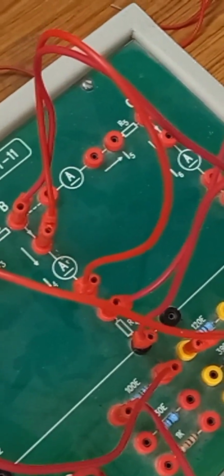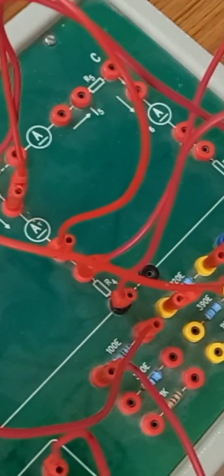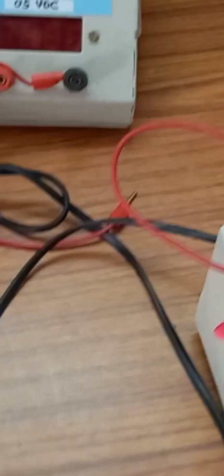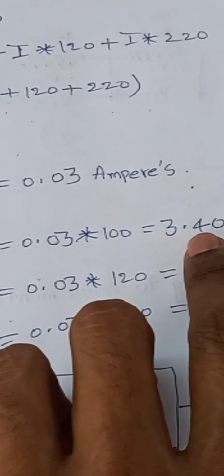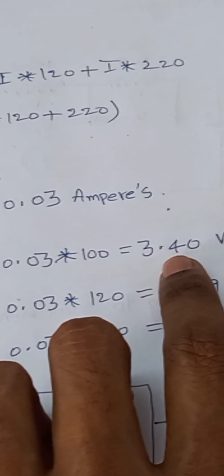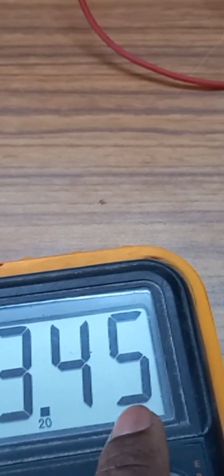Then first I am going to take the reading across R1 resistance. What is that voltage? 3.42 we got across R1. Theoretically we got 3.40, and practically we got 3.42.